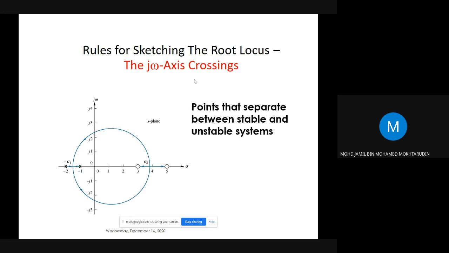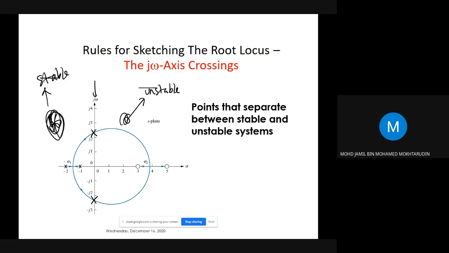Okay, so the JW axis crossing is basically this point here. How do we find the JW axis crossing? The JW axis crossing is the point that separates the stable and unstable system. I think I've taught you that if your poles are on the left hand side, then your system is stable. However, if your poles are on the right hand side, then the system is unstable.